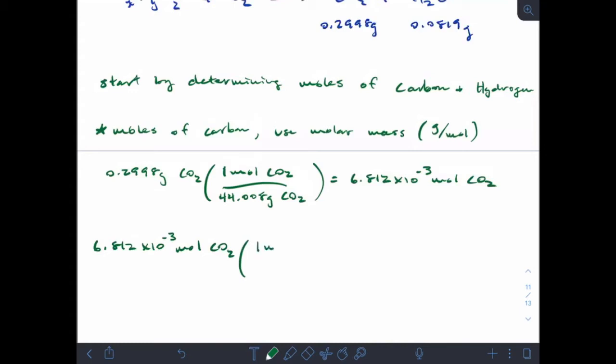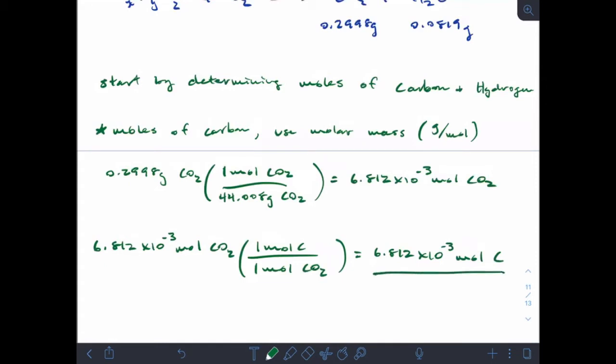So I can say 1 mole of carbon in 1 mole of CO2. And it's nice when it's 1-to-1 ratios because the numbers come out the same. So now we know moles of carbon. Right, so that's an important number. We're going to keep that number.